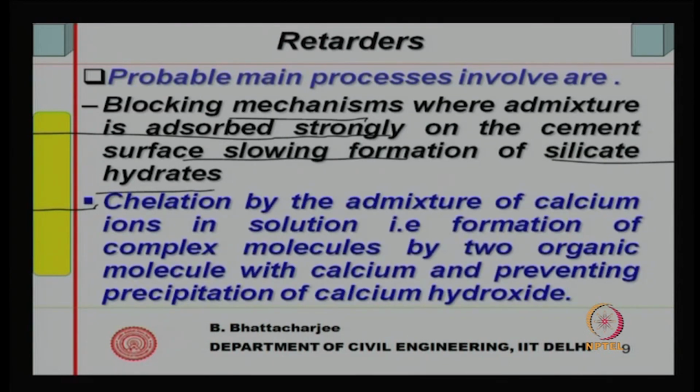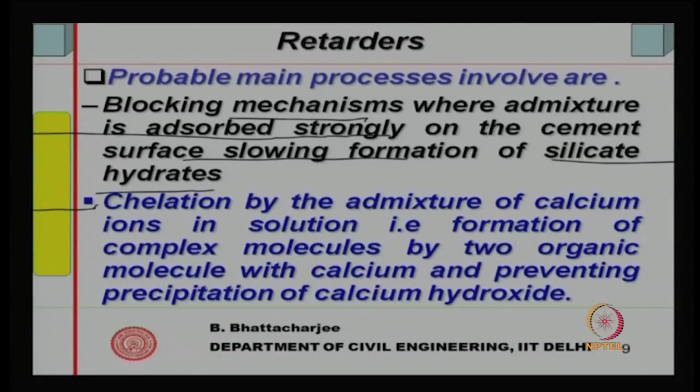A second mechanism could be chelation by admixtures of calcium ions in solution. Basically, organic molecules in the retarder can form a complex with the calcium ion, and therefore prevent precipitation of calcium hydroxide.